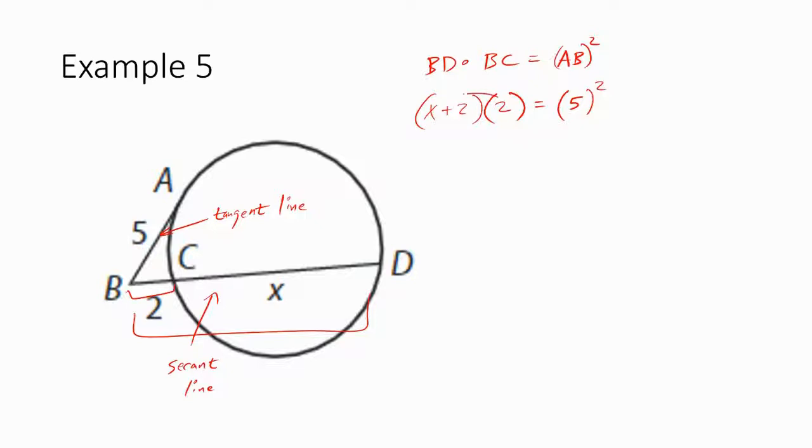Go ahead and work on the distribution property. Subtraction property. Looks like we're going to get a weird answer again. There you go. Division property. And again, it looks like it's a weird answer.